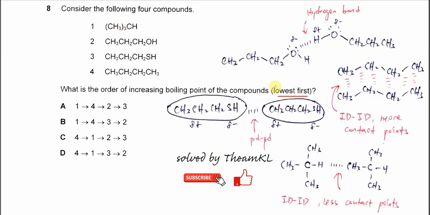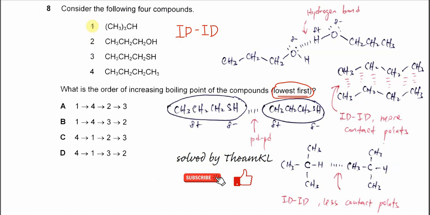So now let's find the one with the lowest boiling point. Of course, we know in this intermolecular force, the ID, the instantaneous dipole, induced dipole, ID forces, is the weakest van der Waals force.